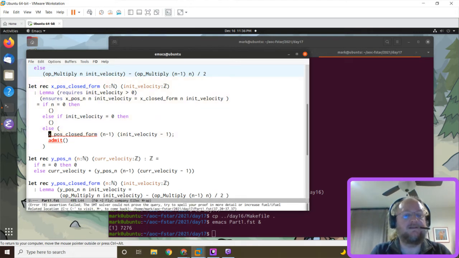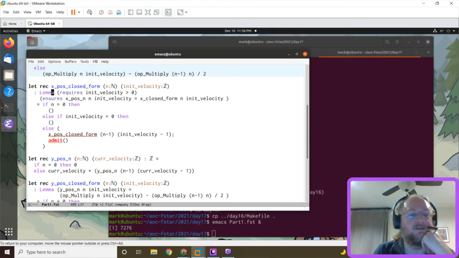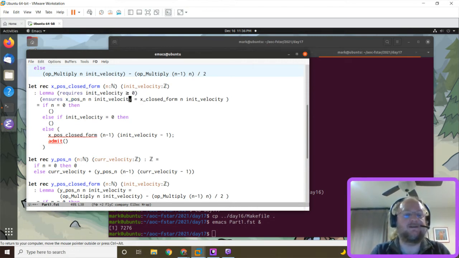So what is the problem with proving? Okay, if it's 1, okay, it needs to be greater than or equal to 0.